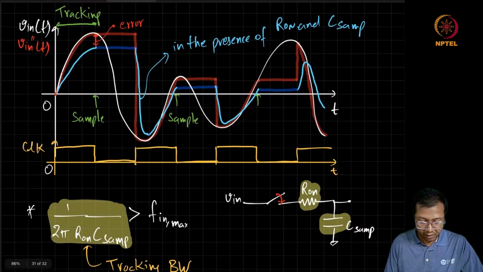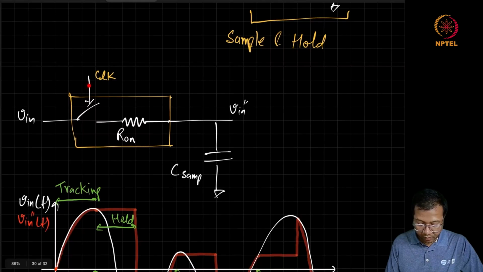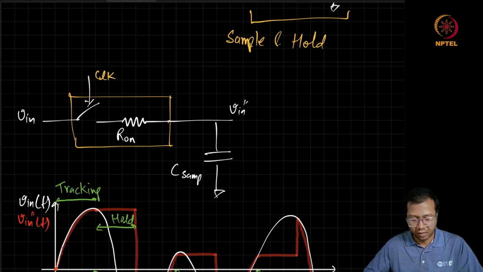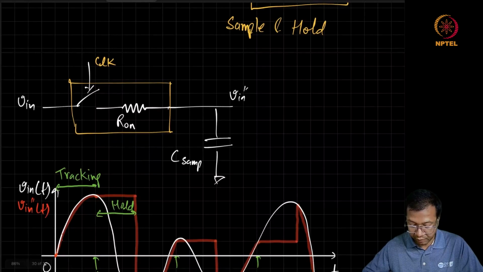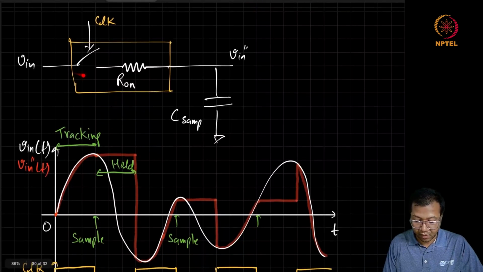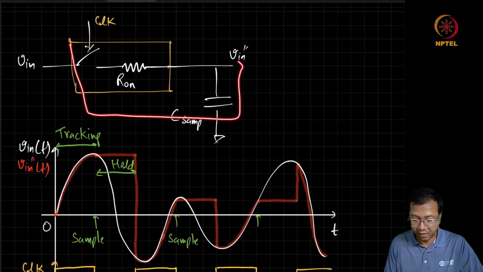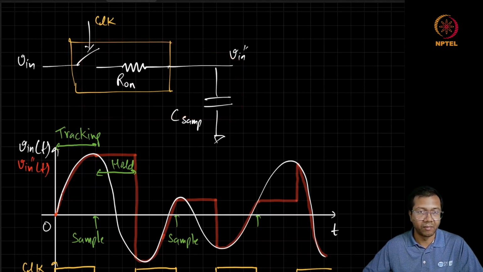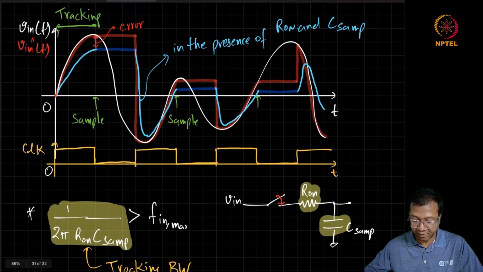Now we can see that even though it is possible to sample a high frequency signal at a much lower rate without losing information, this is also called band pass sampling. But if the sample and hold circuitry is designed such that its tracking bandwidth is lower than the input signal frequency, then again we will not be able to sample the proper signals and will be losing information.